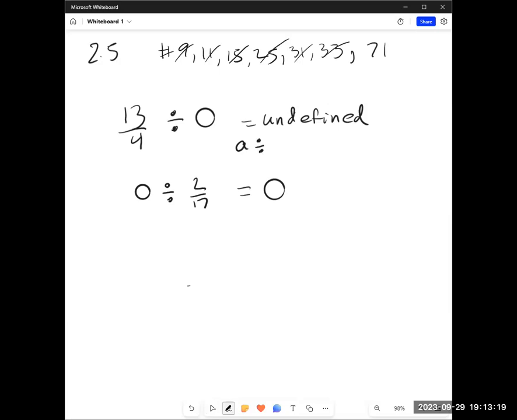Anything divided by 0 is undefined. 0 divided by anything equals 0 as long as that anything in the denominator is not 0. 0 over 0 would still be undefined.